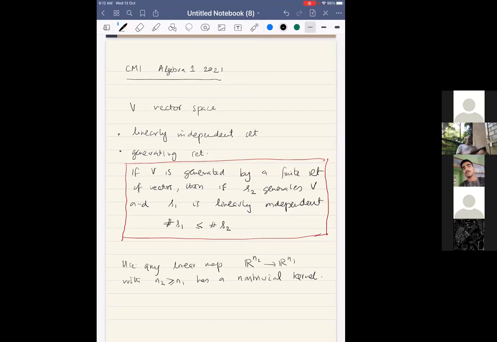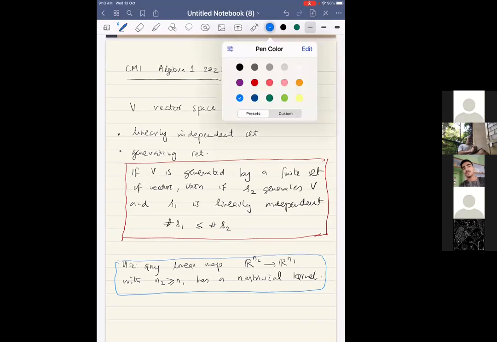So from this, it follows that whatever I have drawn in red follows. So you should know how to prove this, how to use it. I assume the fact in blue to prove the fact in red. So this arrow, you should know how to fill in with arguments.